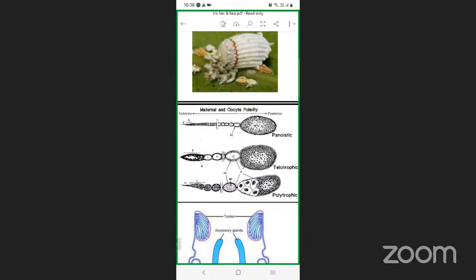We see this in most insects in and around. Some special immature stages are capable of producing mature oocytes, known as pedogenesis, and ovulation will be there.